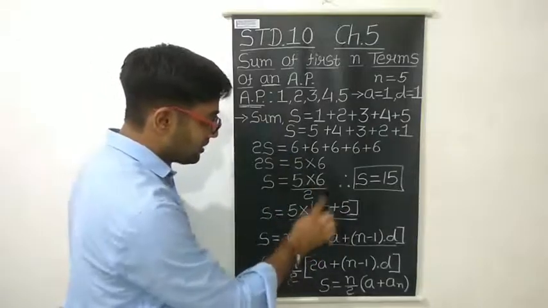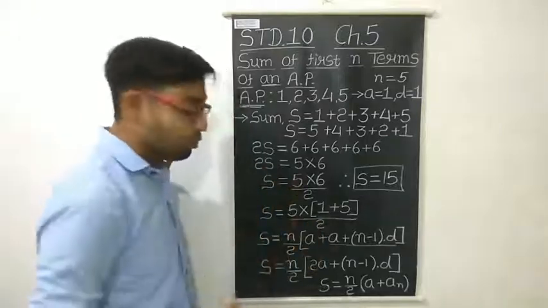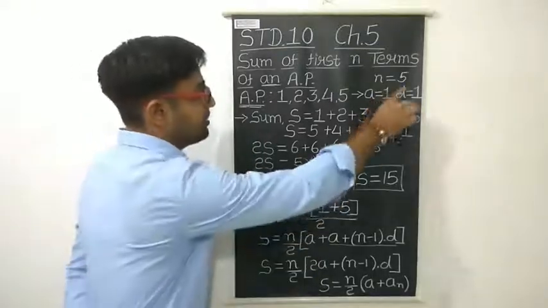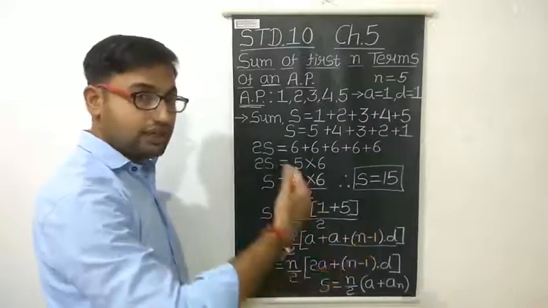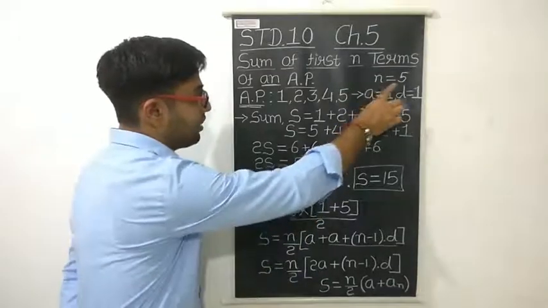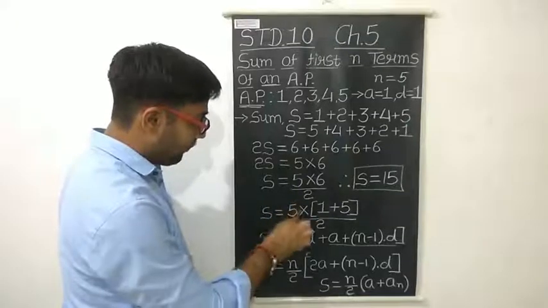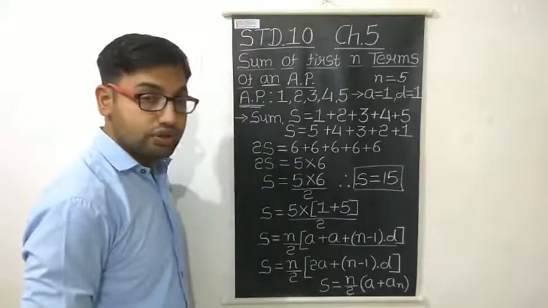We can write 6 as 1 plus 5, divided by 2. Now what is 5? 5 is the number of terms, how many terms we want to add, that is the value of n. So instead of 5, we put n, with the 2 in the denominator.